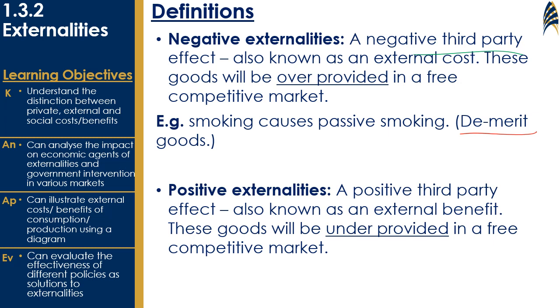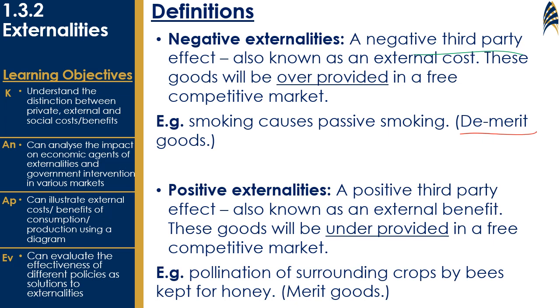Positive externality is a positive third party effect, also known as an external benefit. These goods will be underprovided in a free market. So pollination of surrounding crops by bees kept for honey. That's nice. Merit good, things that are good for you. So you may be a beekeeper and it's a business. You want to make honey, and there's somebody out there, the second party, who's consuming the honey.